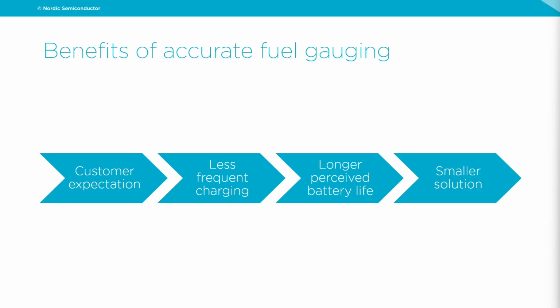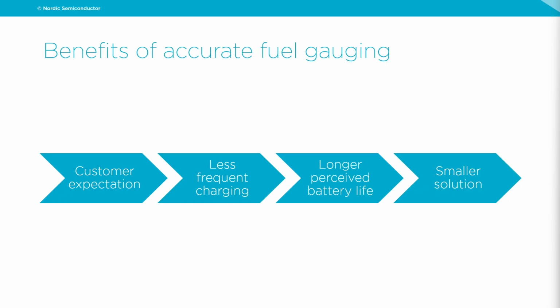And if you have accurate fuel gauging, the customer charges less frequently because he doesn't need to charge just in case the battery is low. He can know for sure that the battery isn't low. And this provides the customer with a longer perceived battery life.